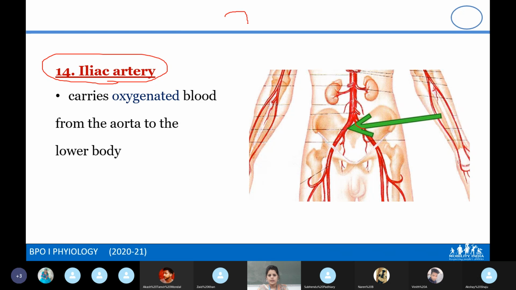From the arch of the aorta, the artery has come down and supplied the thorax, called the thoracic aorta. Still the artery came down and supplied the abdominal organs, called the abdominal aorta.